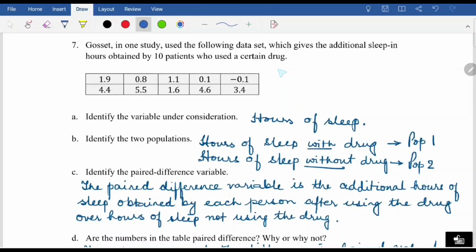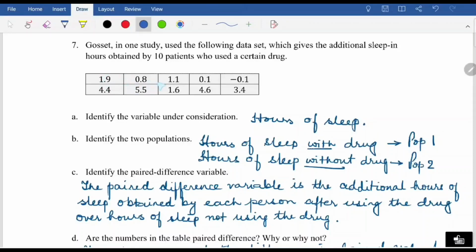So most likely what happened was a new drug, some pharmaceutical company or a medical community probably came up with a certain sleep-inducing drug, all right, and it was applied on 10 patients, and they took the measurements. They measured their sleep hours before administering the drug and then after administering the drug.